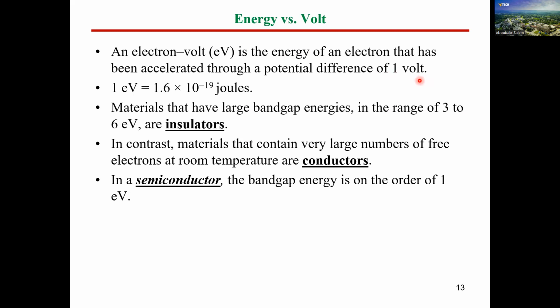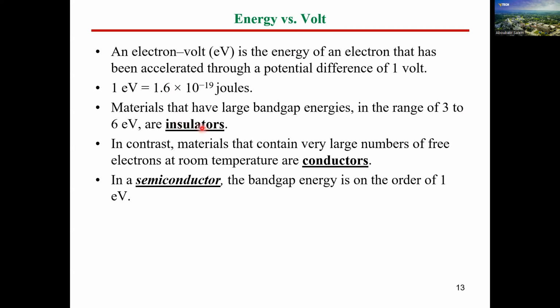So the energy that the electron will need corresponding to 1 volt is called the electron volt. And 1 electron volt, guys, equals 1.62 times 10 to the power minus 19 joules. So this is the energy corresponding to 1 volt.